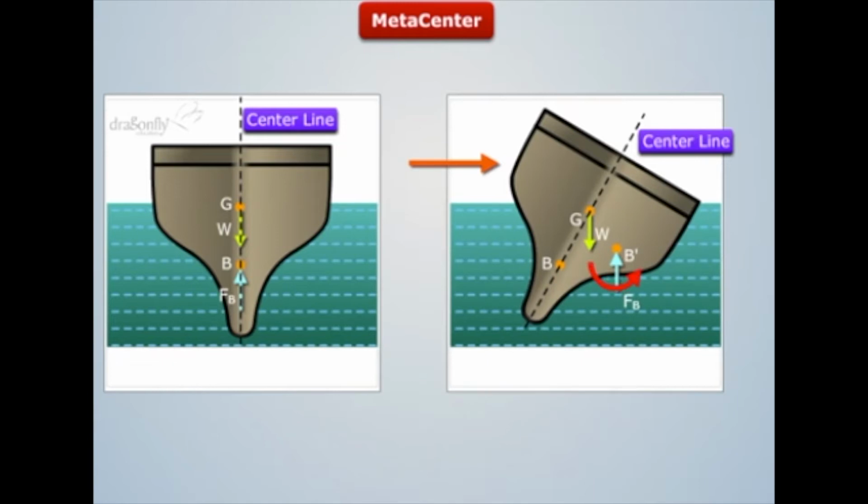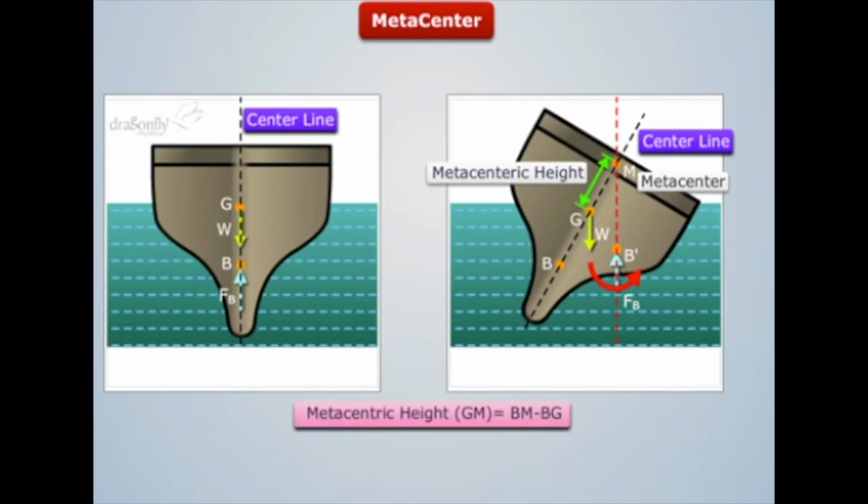Here, the point of intersection of the vertical line through the new center of buoyancy B dash and the center line BG is termed as the metacenter of the body, and the distance by which the metacenter lies above the center of gravity of a floating body is known as the metacentric height, GM, which is given by.